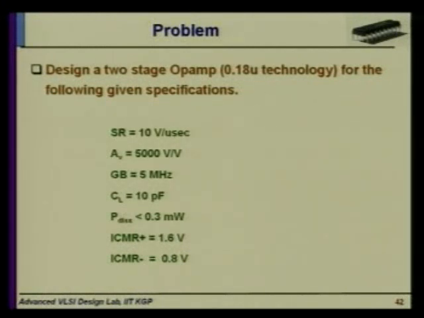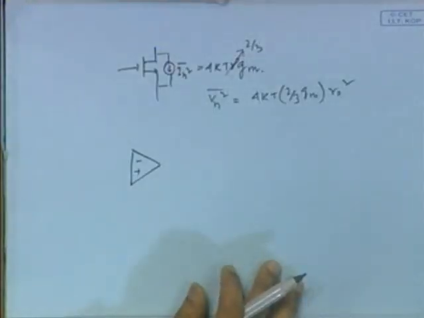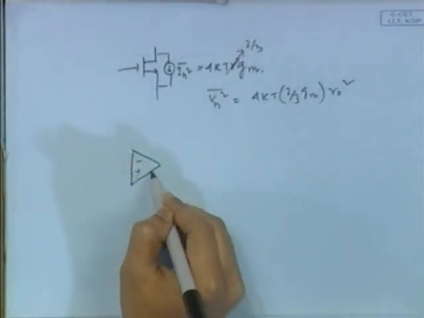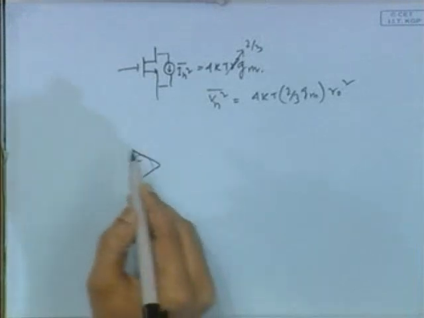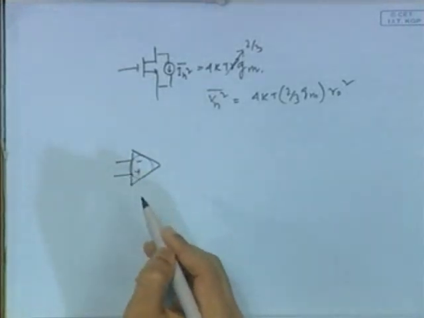One more thing: the test bench. We need to test the circuit after our design is completed. Suppose we need to find out slew rate. What should we do? Once our design is completed, we need to create a symbol, so the whole circuit will be inside this symbol. This is the minus, this is the plus.